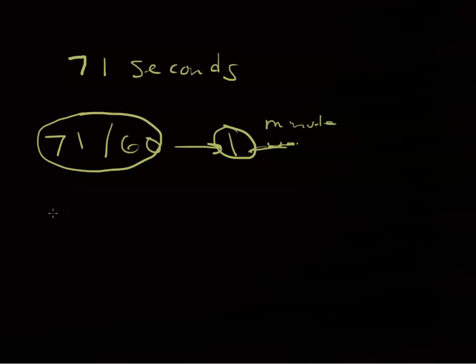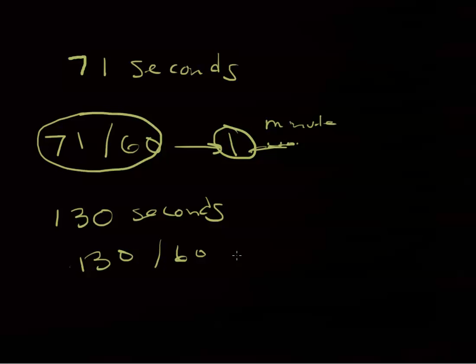If I started with, let's say, 130 seconds, I'd do 130 divided by 60, and that would give me 2 minutes.